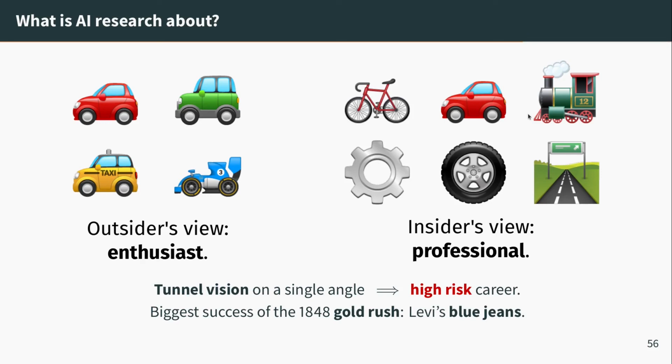So it's important to at least be aware that other options exist, and maybe the government is going to favor one option over the other, and it's going to destroy your career. That's likely. And you cannot just focus on what's visible from the outside. You also have to understand, not in a specialized way, that engines are important, tires are important, roads are important.